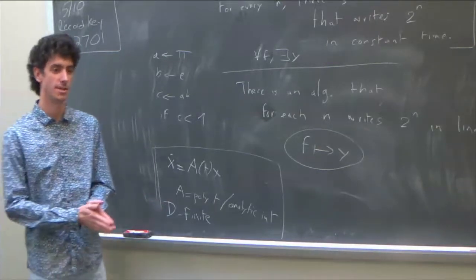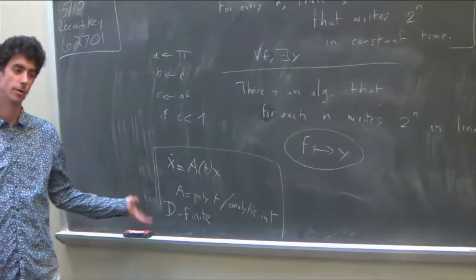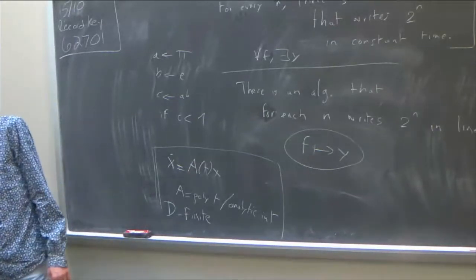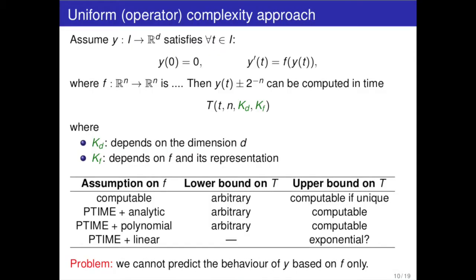So this is nice. But not all equations are like this. And what if you just have a single equation that is quadratic? This I don't know. And I know that if you go to algebraic differential equations, then things are much more complicated.